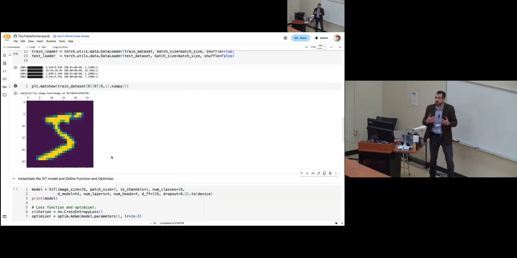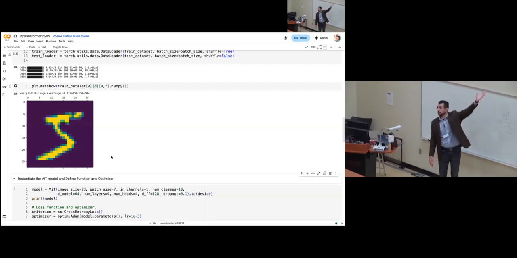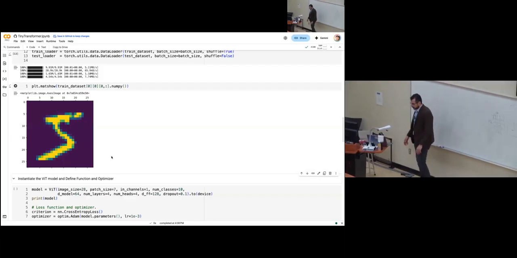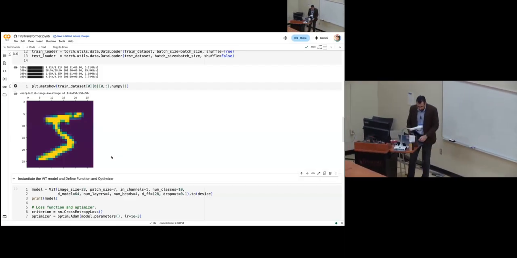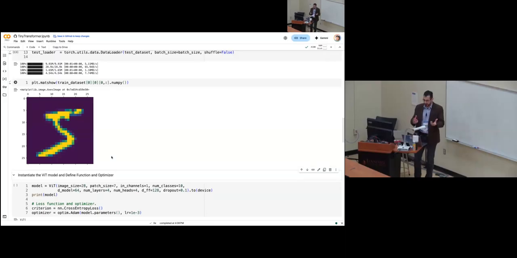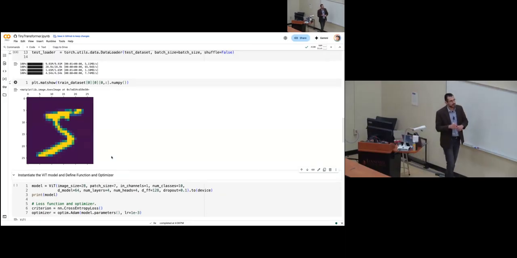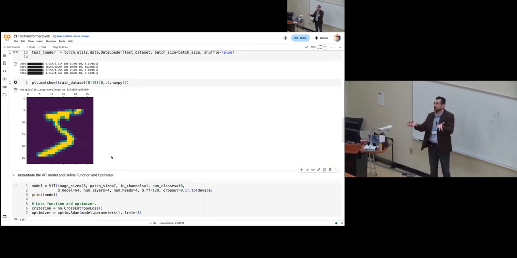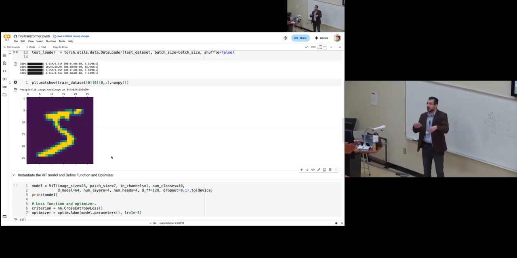So these are the handwritten digits that we were talking about. So digit 5, for example, right? And of course, there is a corresponding label for it. So our training set for MNIST has 60,000 handwritten digits with their labels, and 10,000 handwritten digits with their labels for the test set.